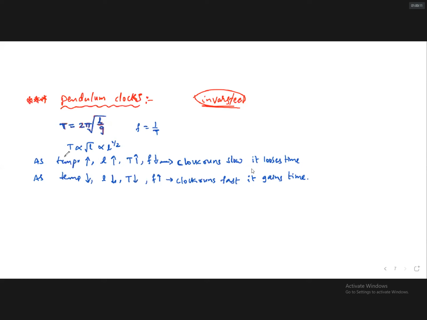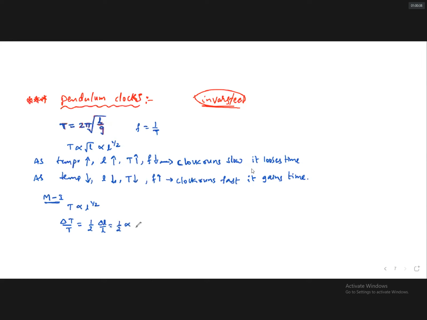So here, from the relative error method, if you want to calculate, T is proportional to L power 1 by 2. So for small changes in length, we write delta T by T is equal to 1 by 2 into delta L by L, where delta L by L is the fractional change in length.